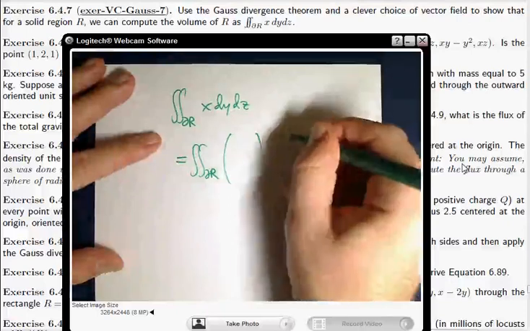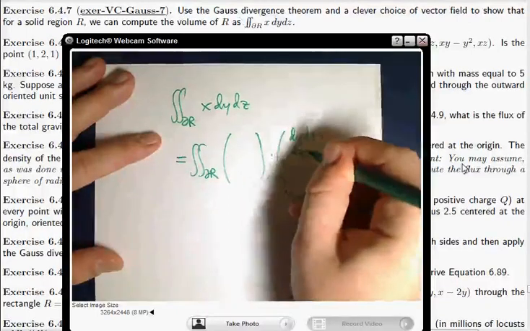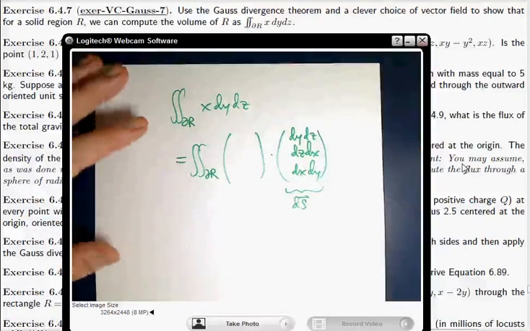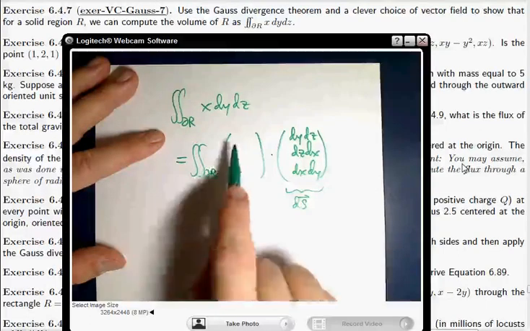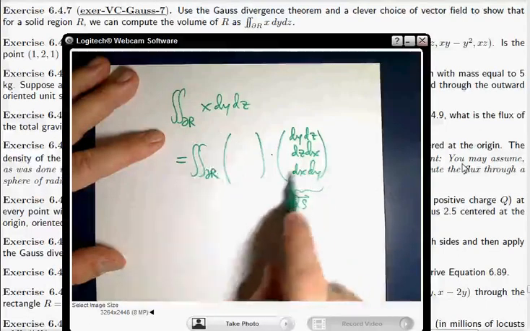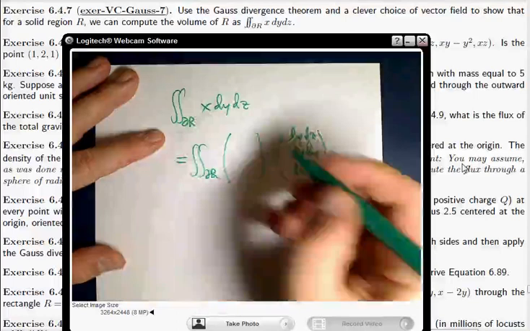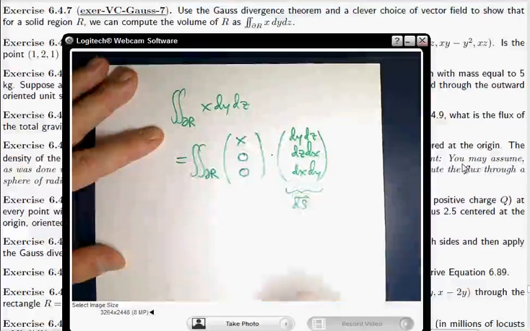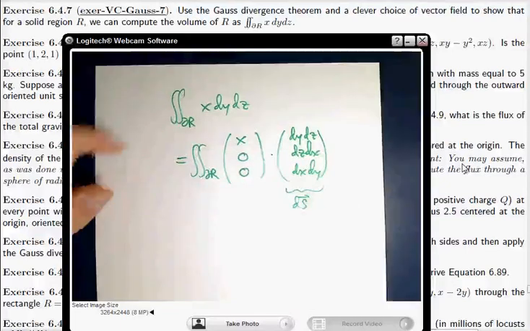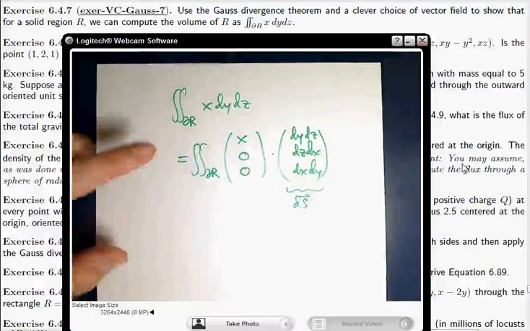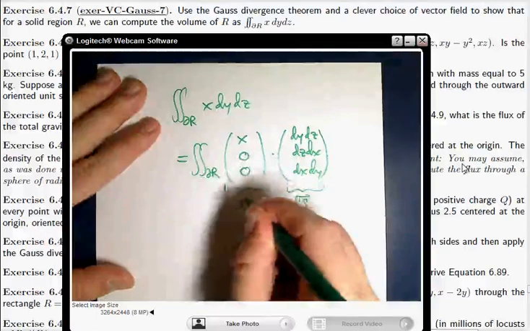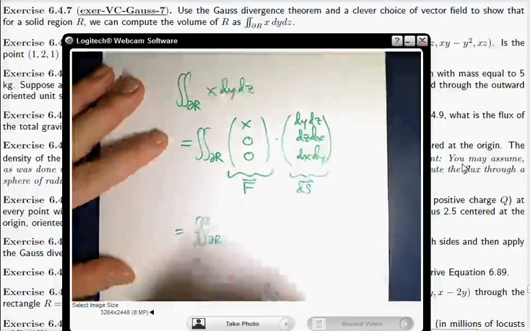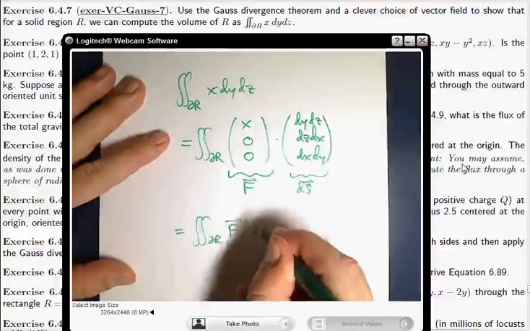It's always dy dz, dz dx, dx dy. Right. So what do I put in here to make this equal to that? Well, x dy dz, and then there are no dz dx or dx dy terms. Right. So this expression here is equal to the flux of this vector field, f dot ds.